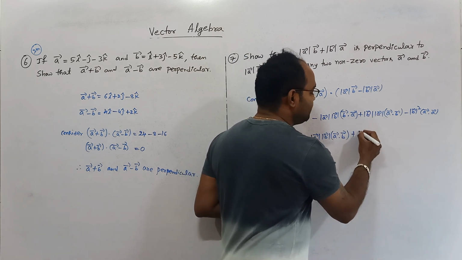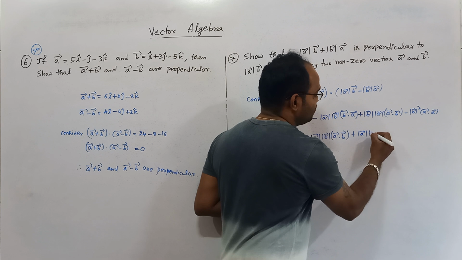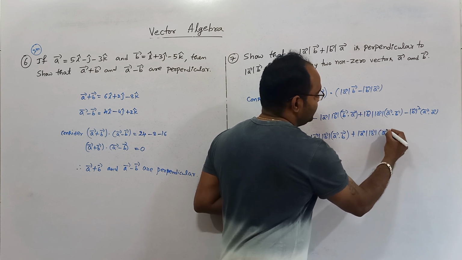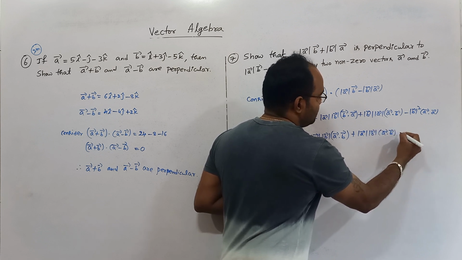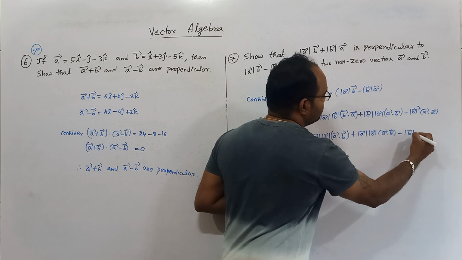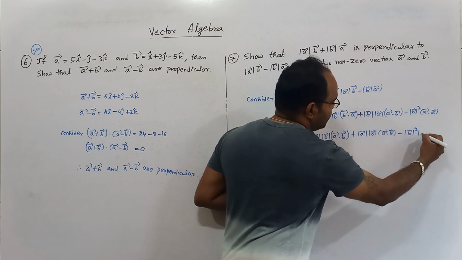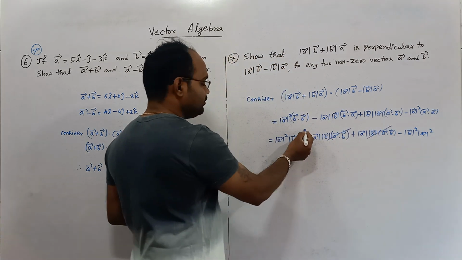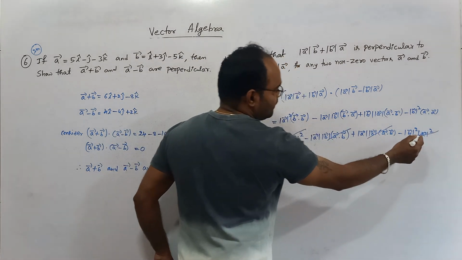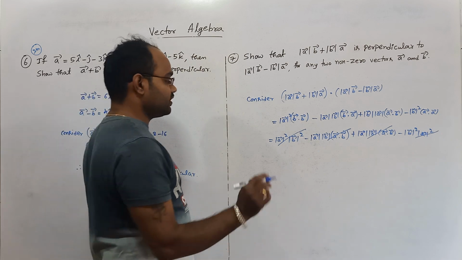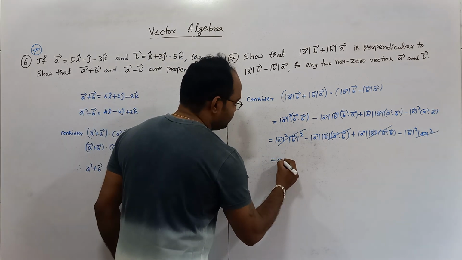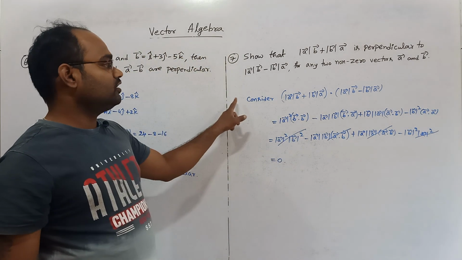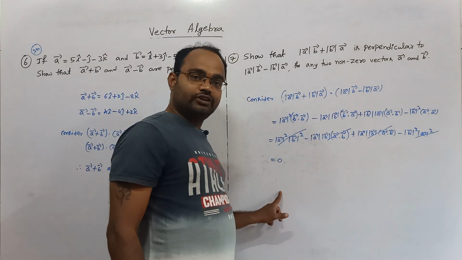Magnitude B magnitude A ನ magnitude A magnitude B ಅಂತಾನೂ ಬರ್ಕೊಬಹುದು into A dot B, minus magnitude B whole square into A dot A is magnitude A whole square. So these two will get cancelled. ಅವು cancel ಆಗುತ್ತೆ. Totally you will get it as 0. So we got the dot product of these two is 0.